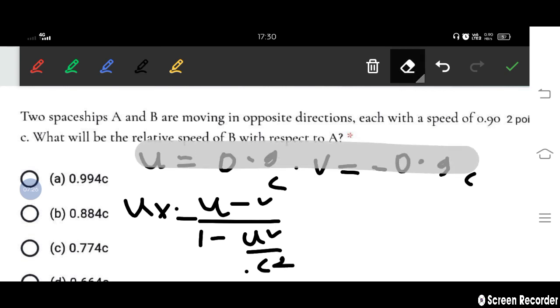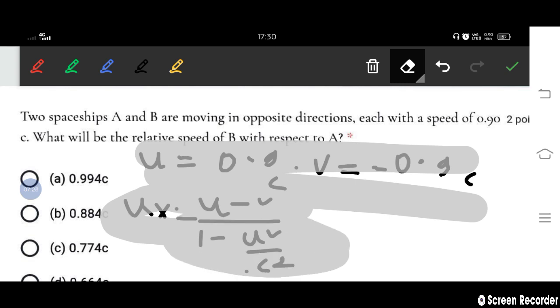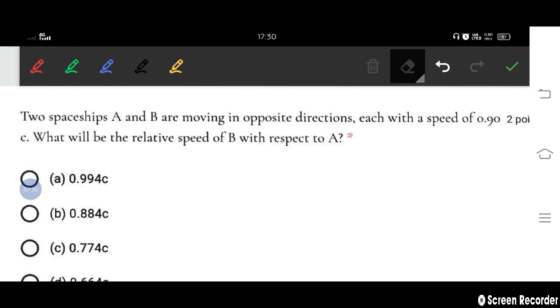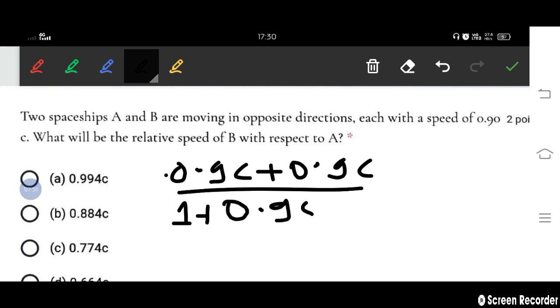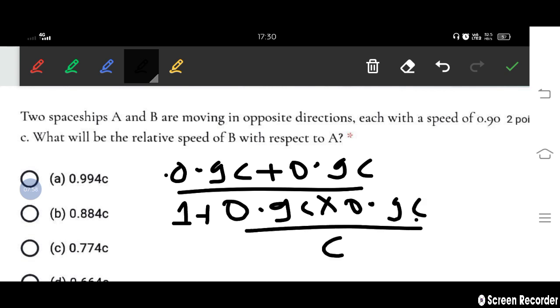So it will imply, after putting all the values, (0.9 c plus 0.9 c) upon 1 plus (0.9 c into 0.9 c) upon c square.